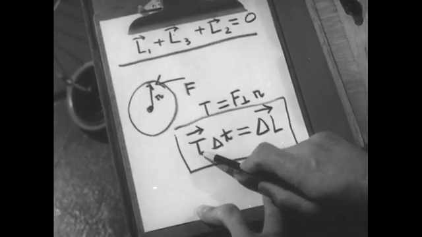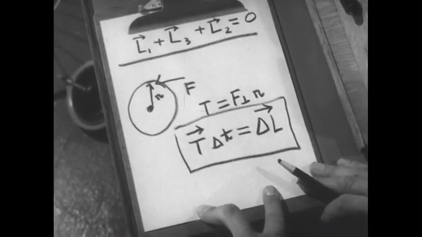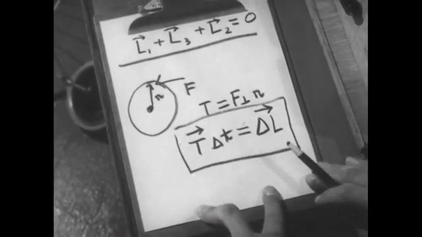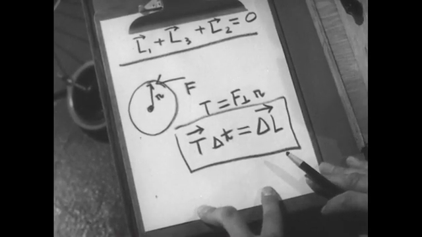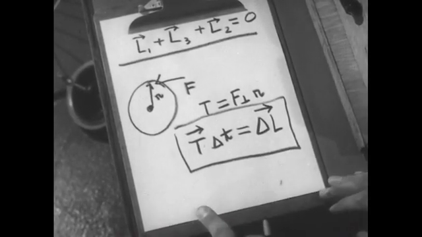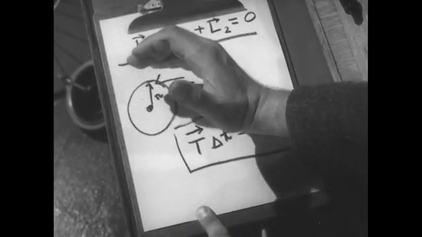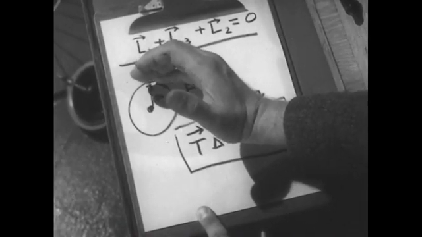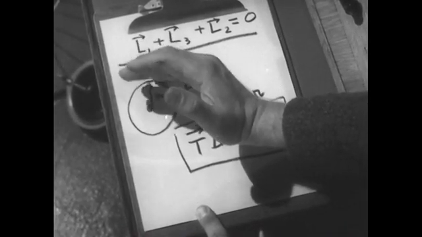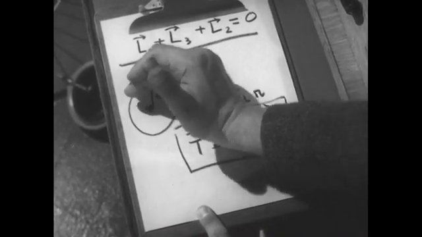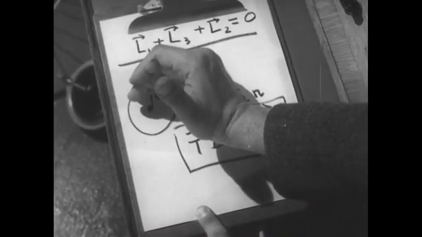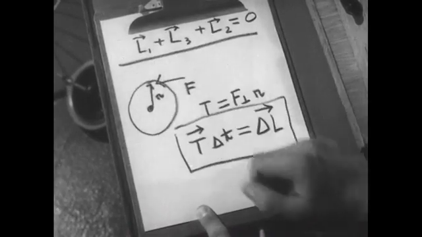We define the direction of the torque in the same way as we did for the angular momentum, using a right-hand rule, as follows. If the fingers of the right hand are made to point along the direction of the force applied, then the thumb of the right hand points out the direction of the torque.